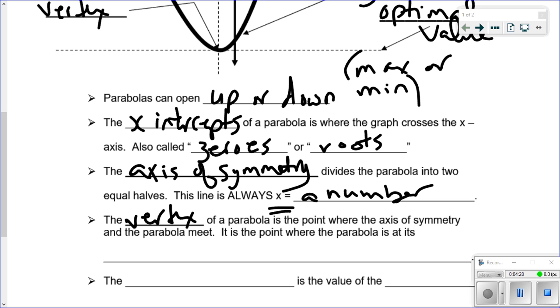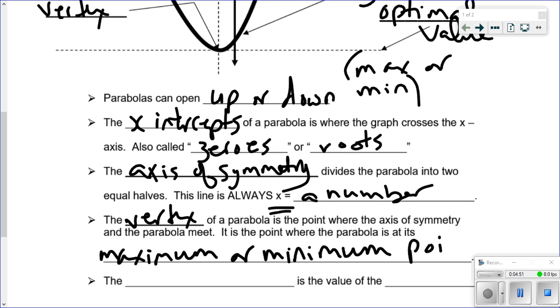The vertex of a parabola is the point where the axis of symmetry and the parabola meet. At this point, the parabola is at its maximum or minimum point.